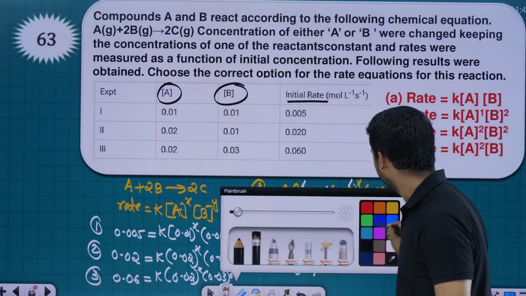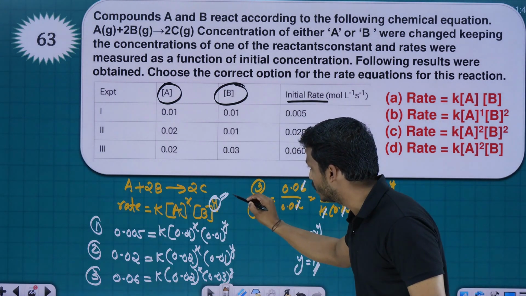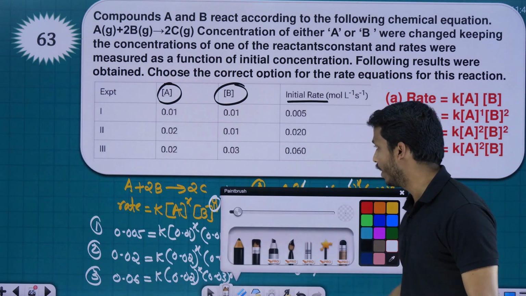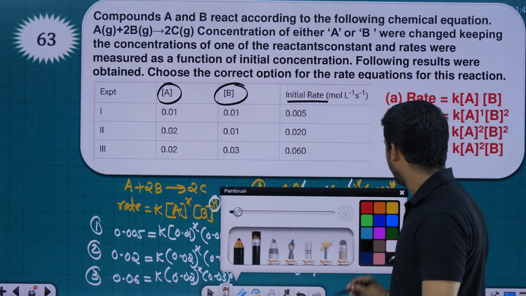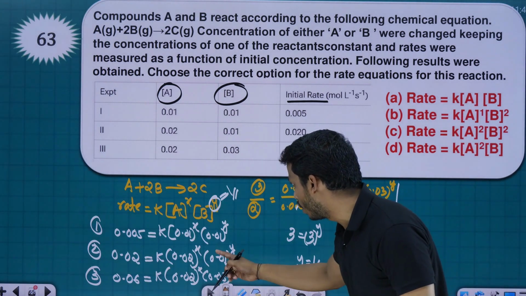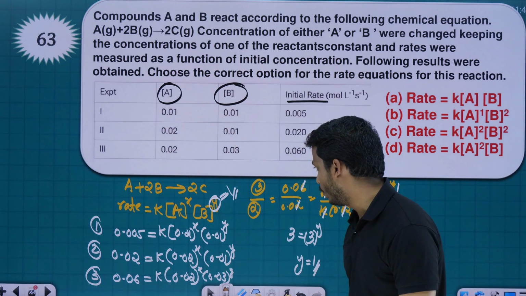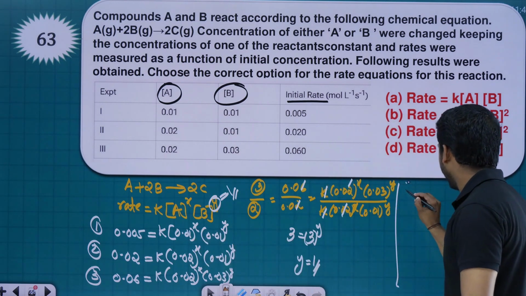So with respect to B, the order is y and it is equal to 1. Now, what is the value of x? If you want to calculate the value of x, which values do we have to take? Let me do 2 divided by 1.